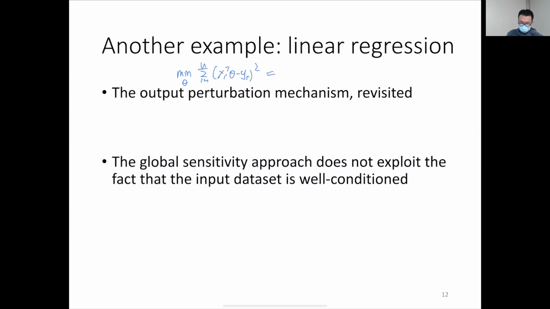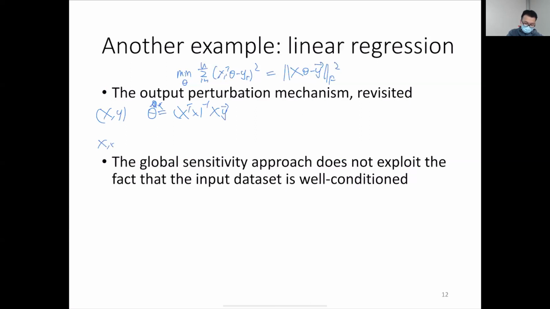And this is equal to, if we use matrix representation, the Frobenius norm squared of X theta minus y. Okay, and we know that the closed form solution for this on dataset X, y is just the ordinary least squares.